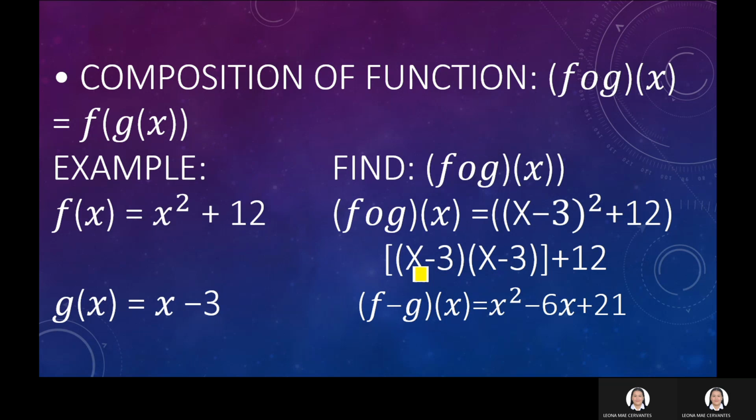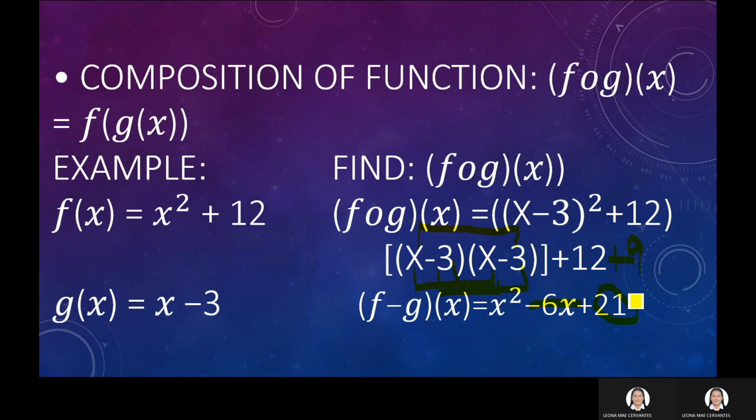So we have x times x is x squared, x times negative 3 is negative 3x, negative 3 times x is negative 3x. So we have negative 6x. Then negative 3 times negative 3 is equal to positive 9. So positive 12 plus positive 9 is equal to positive 21.